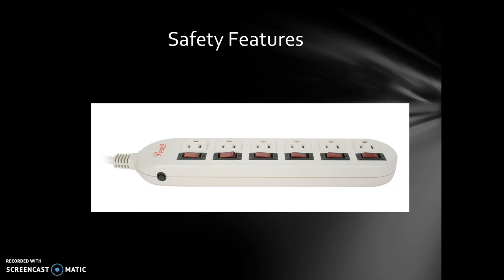So if you have some kind of electronic plugged into an extension cord or a power strip and there's a surge, the strip will turn off the power so that the power surge does not go to your device and hurt it.